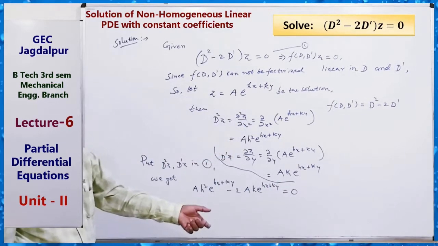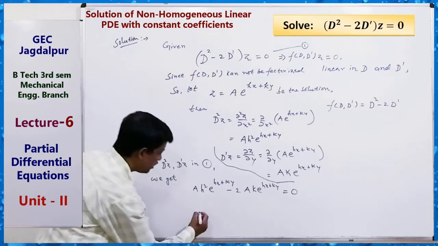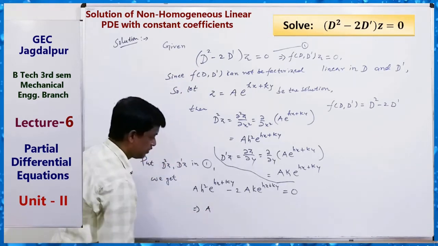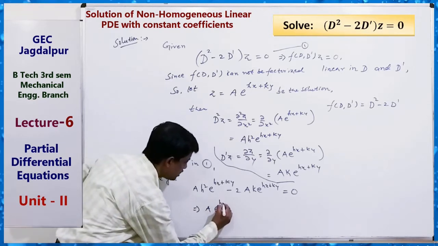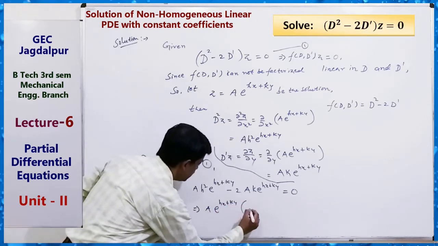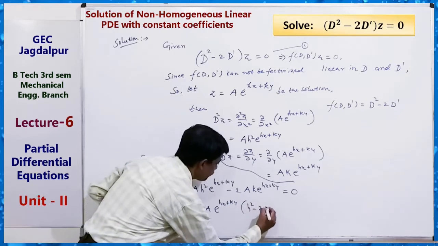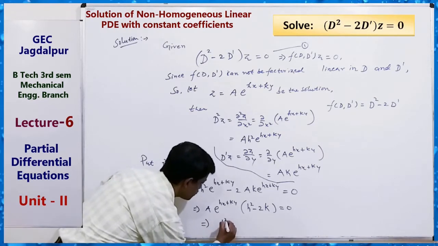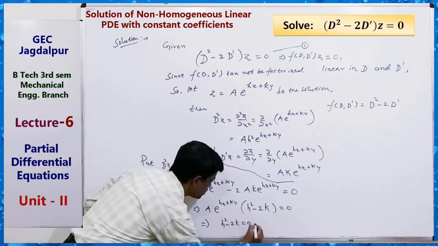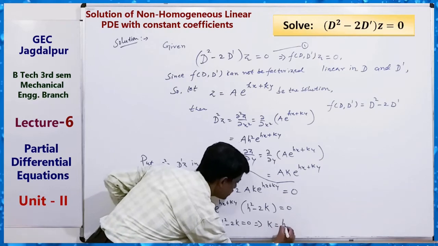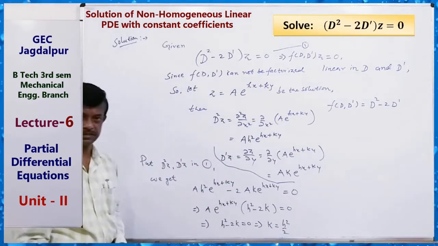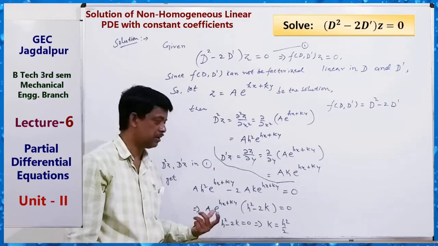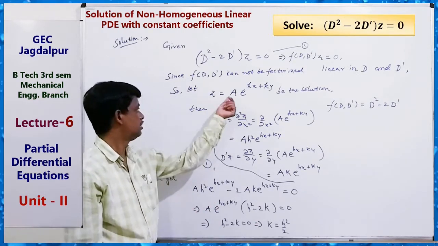Just substitute these two values in the given equation. Then we see that a e to the power hx plus ky is common, and h square minus 2k equals to 0. They are constants. So k equals to h square by 2. We can write K in terms of h. Because a e to the power hx plus ky is not equal to 0, we cannot take it as equal to 0.